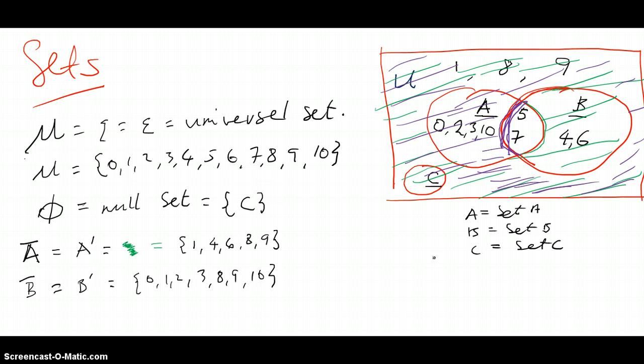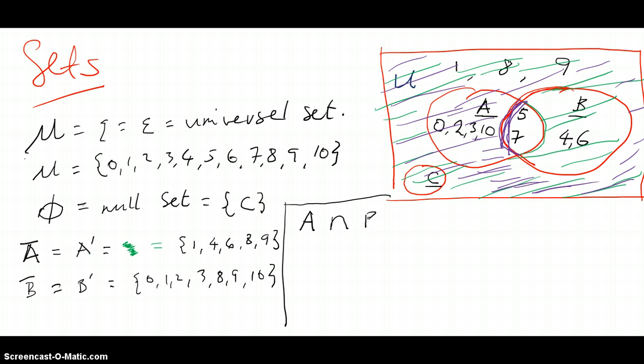Now there are two more bits of notation that we need to look at. The first is A intersection B. This is like an upside down U. It shouldn't have a little tail, so let me draw it a little bit better.